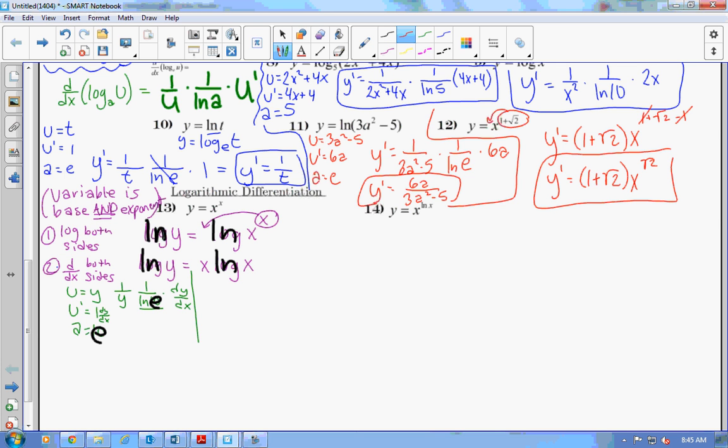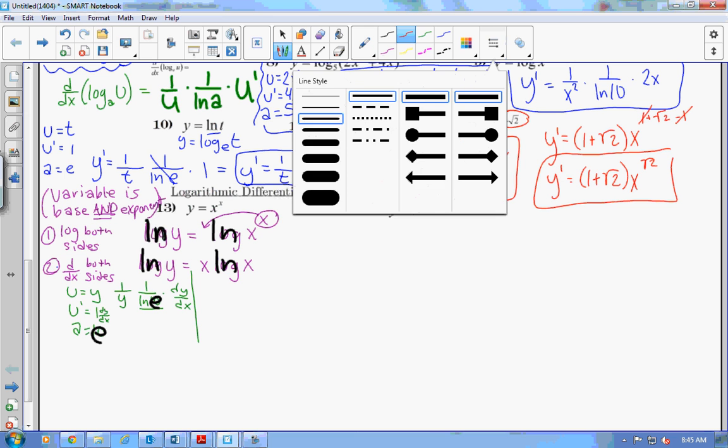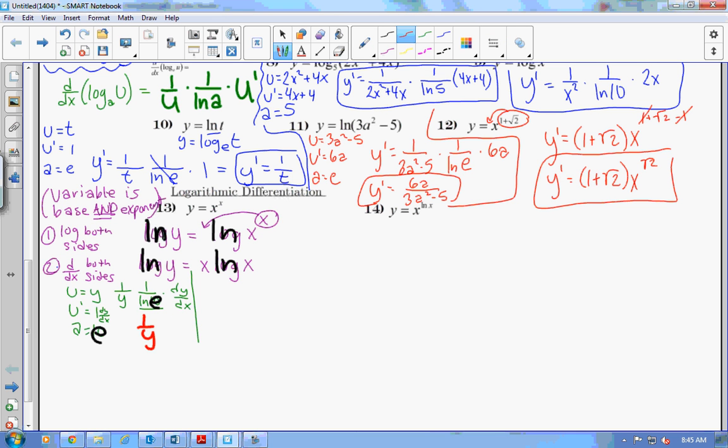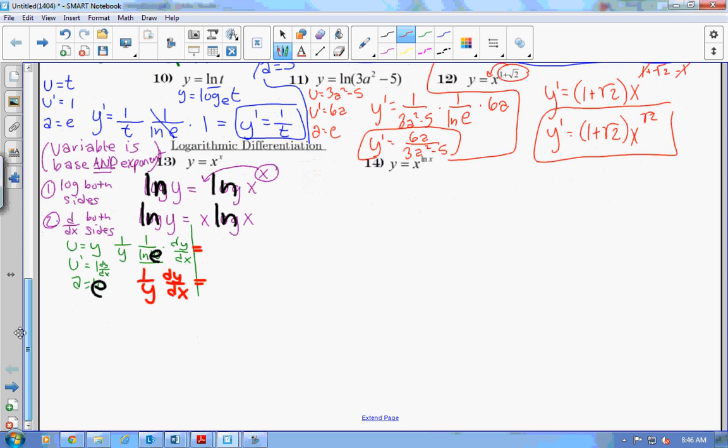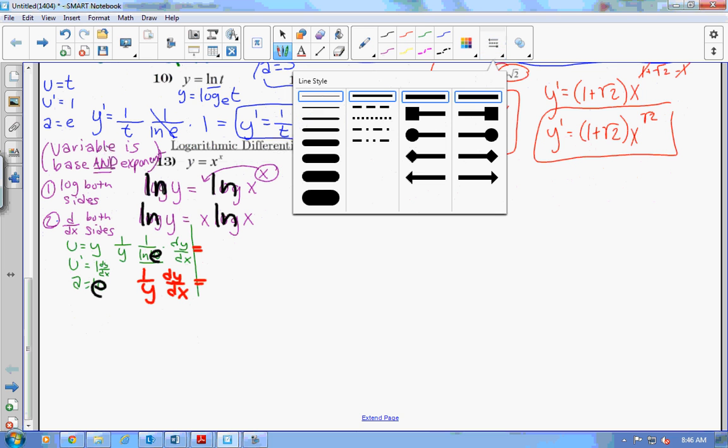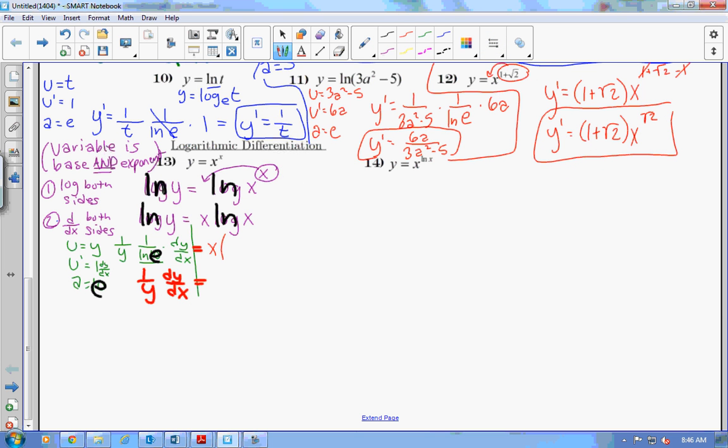So the left-hand side just becomes 1 over y dy/dx. The right-hand side, how do we take the derivative of x times natural log of x? It's product rule. First times derivative of last plus last times derivative of first.